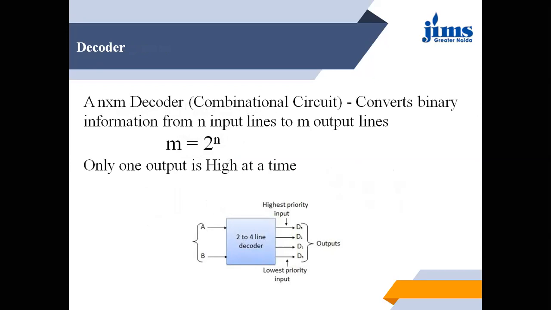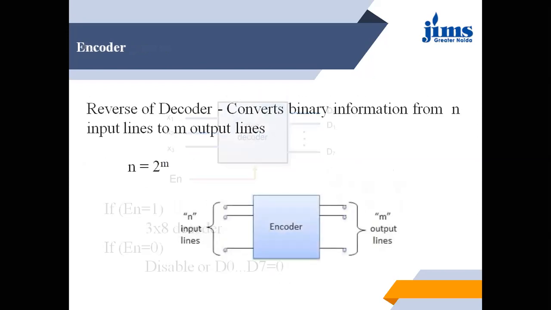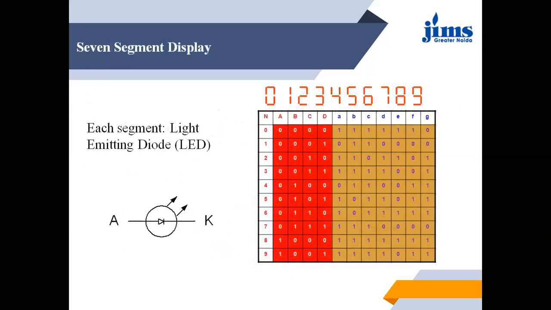In the decoder, output lines are 2 raised to the power number of input lines, and in the encoder, the number of input lines is 2 raised to the power number of output lines. It means the number of input lines is greater than output lines.